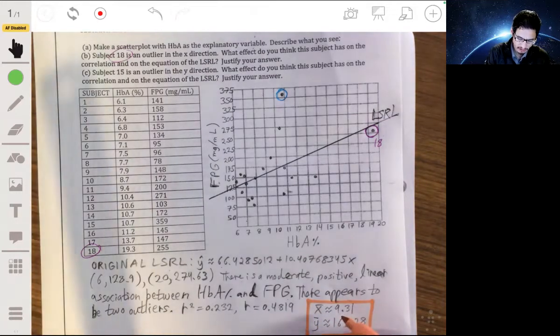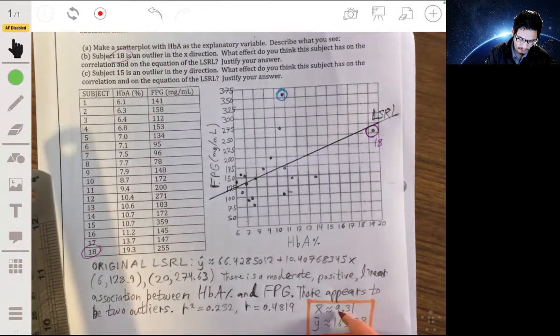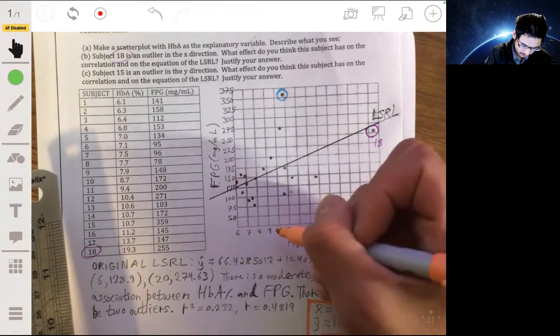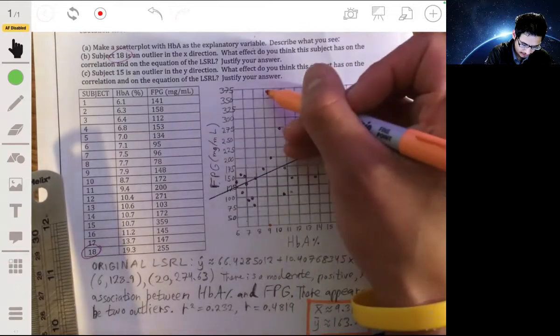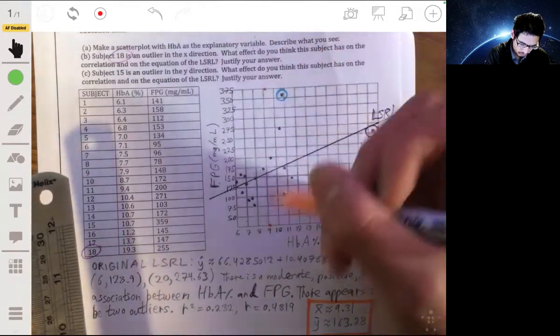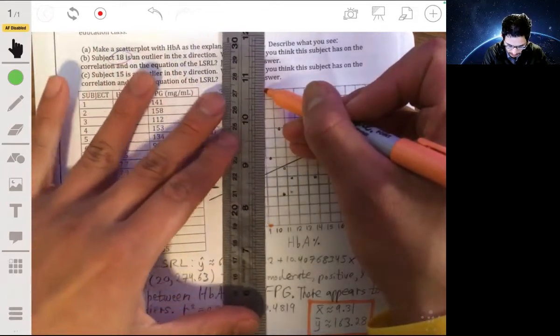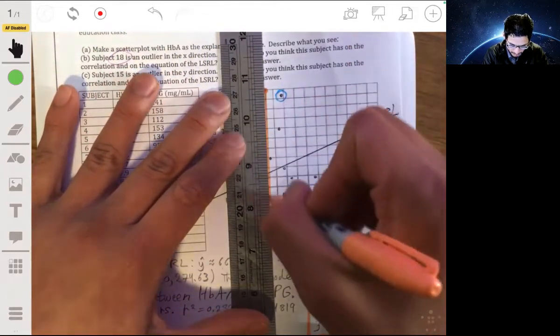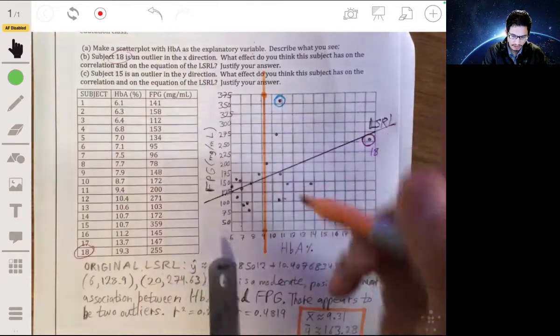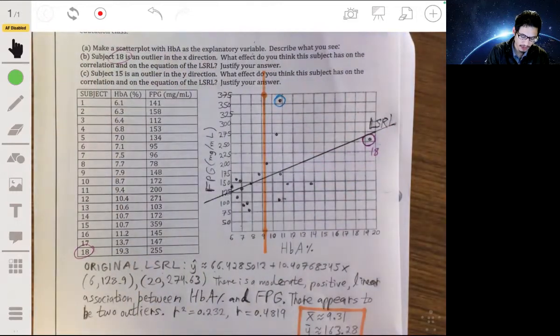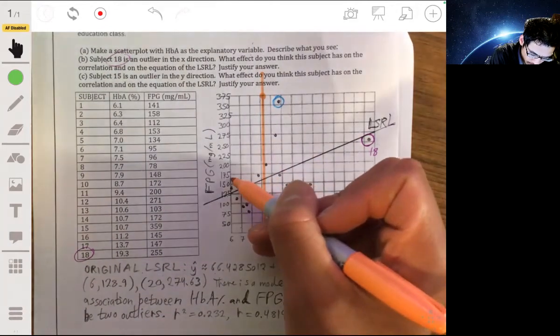So we draw a vertical line through X being 9.31, about here and here, and a horizontal line where Y is about 163.